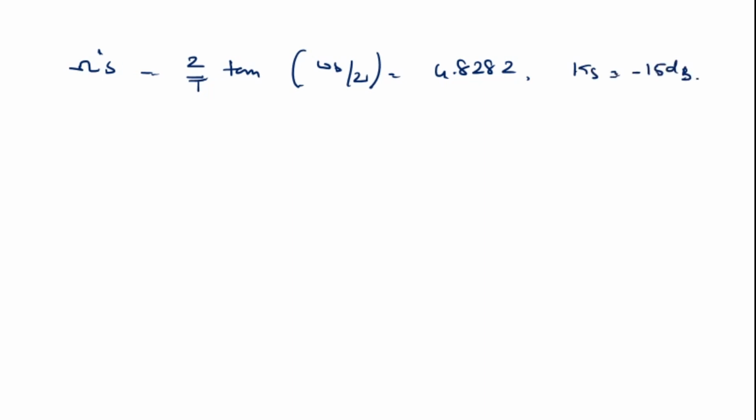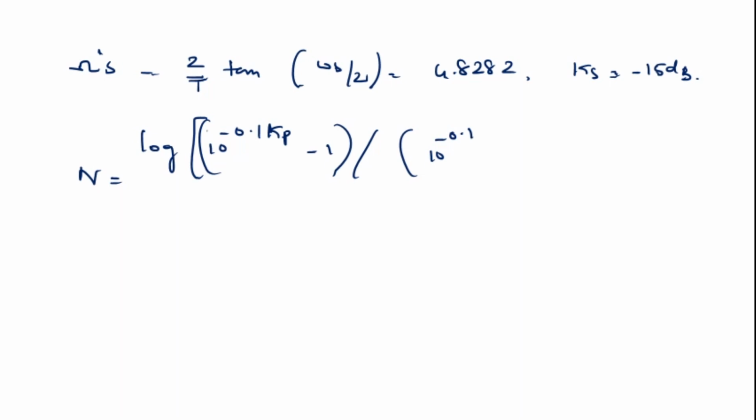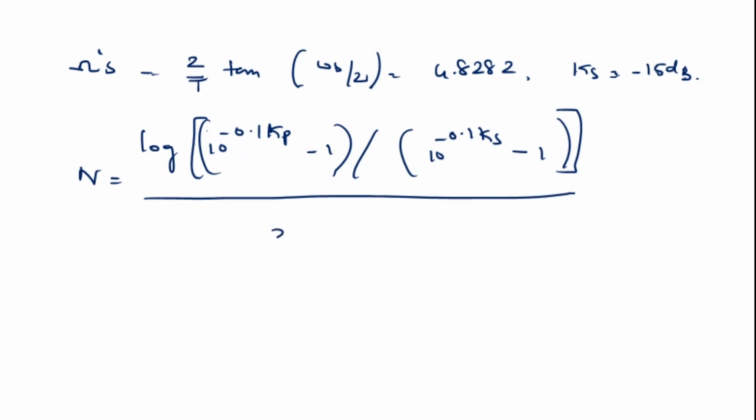Now we have to design the analog low pass filter H of S with the pre-warped specifications. For that we have to calculate N is equal to log of (10 to the power minus 0.1 Kp minus 1) divided by (10 to the power minus 0.1 Ks minus 1), whole thing divided by 2 log of ohm dash P divided by ohm dash S, which is equal to 1.944.